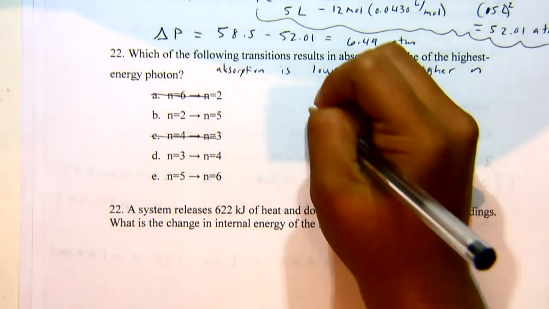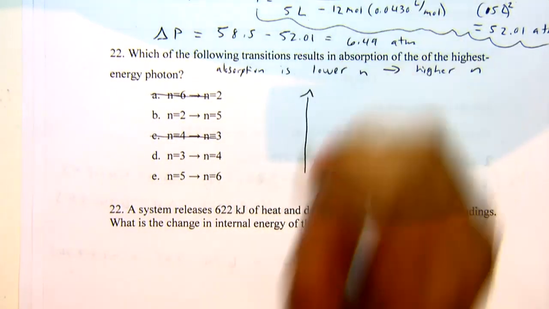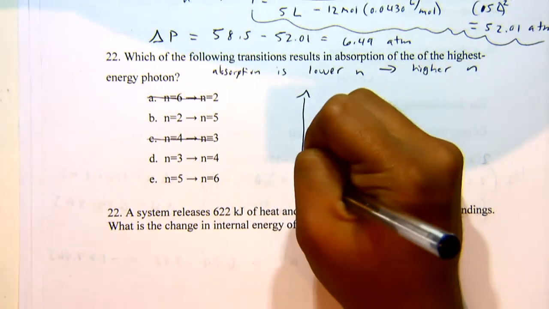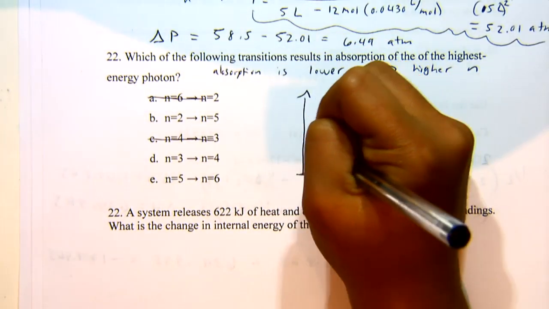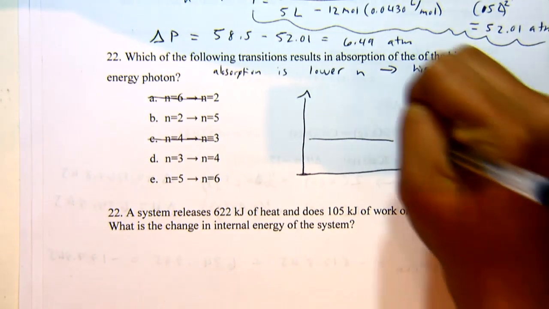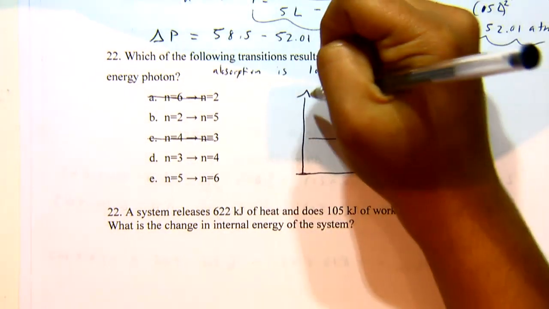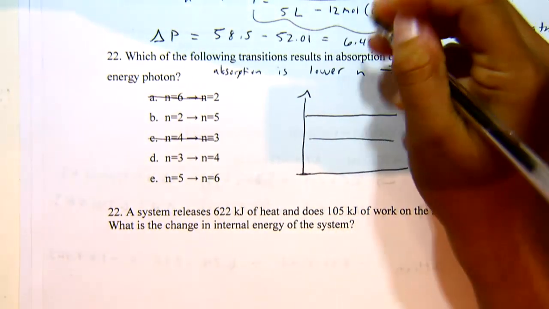We don't want that. We want from lower to higher. So if you don't want to do it in your head and you want to do it visually, we know the chart looks like something like this, where n equals 1 here, n equals 2 here. And then as you go up the chart, they get smaller in length, so like in distance from each other.